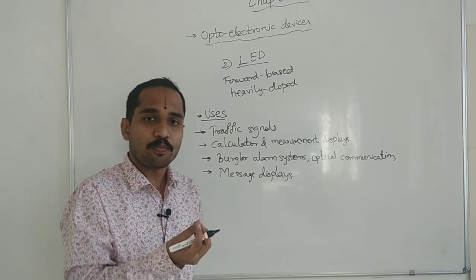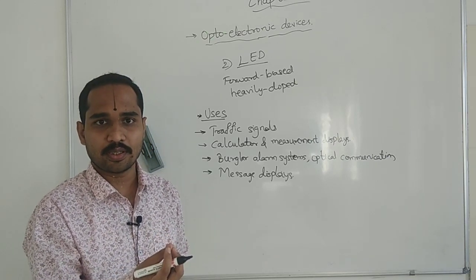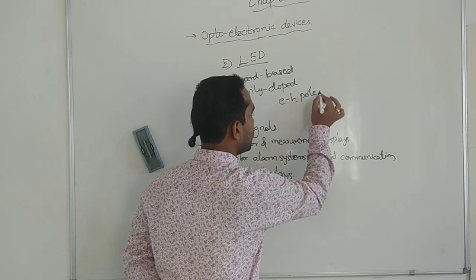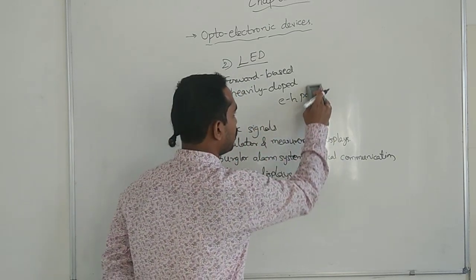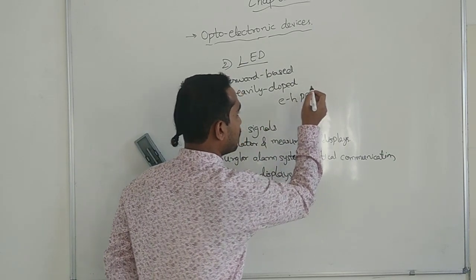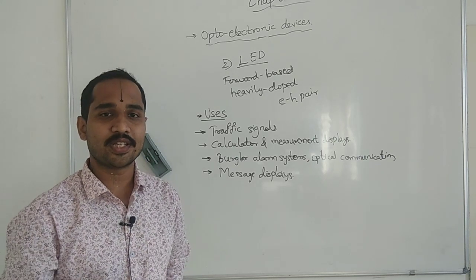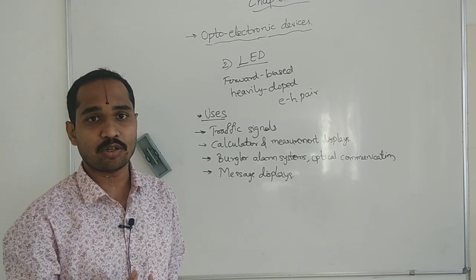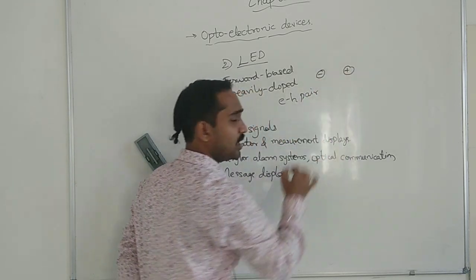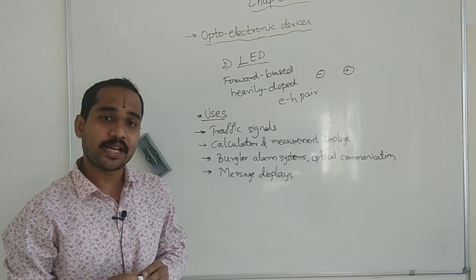So when you provide some energy to the electrons, electron hole pairs will be generated. But since it is heavily doped, many electron hole pairs are generated. An electron is there, a hole is there, it is getting the energy, so they get paired up.